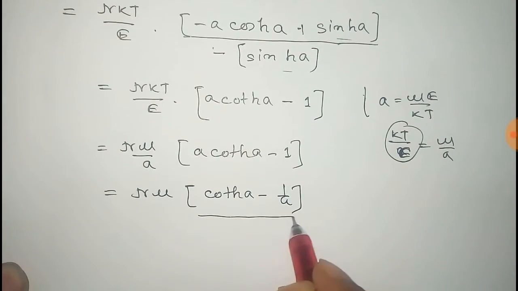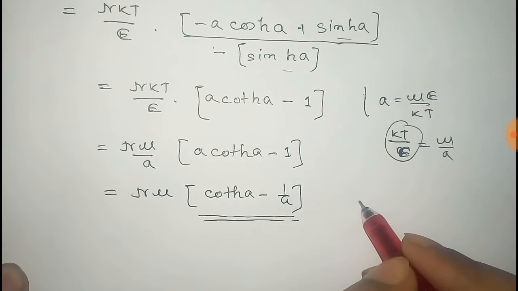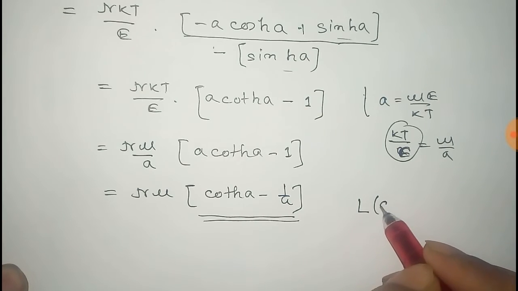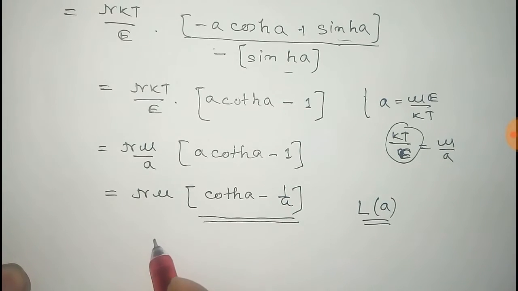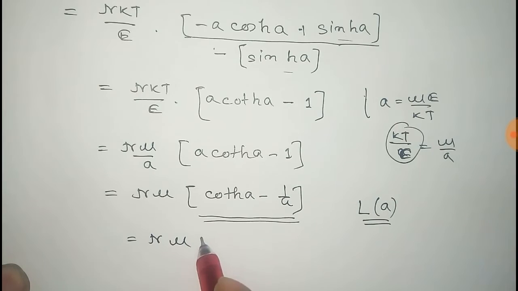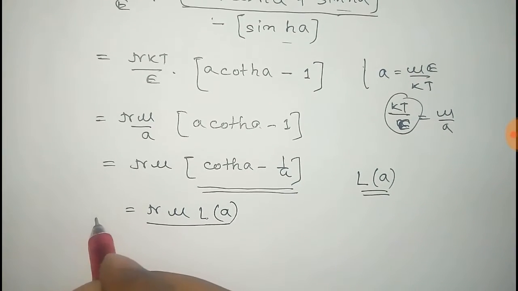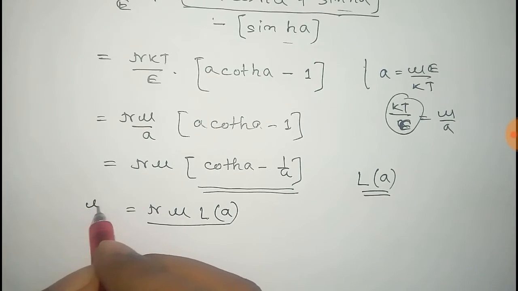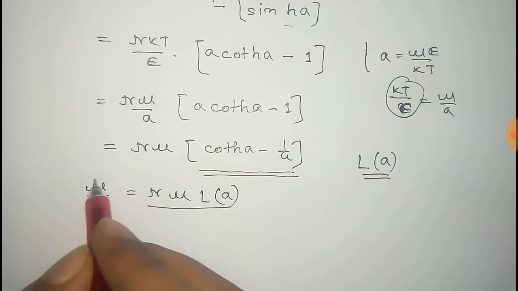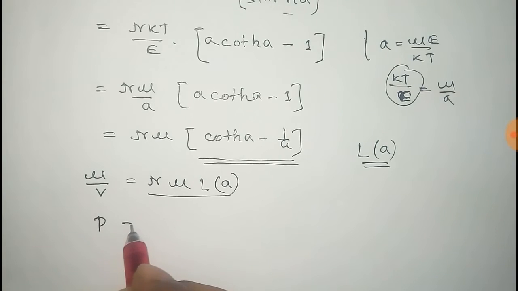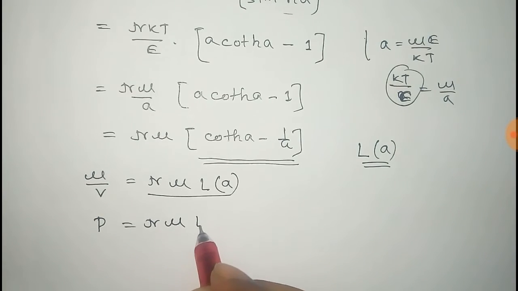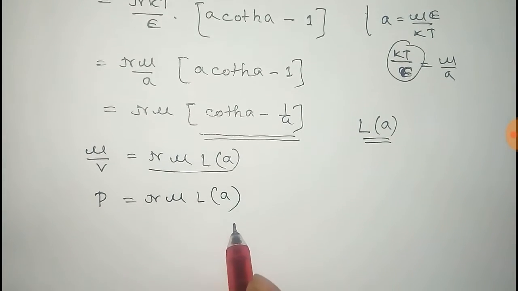Now this term is called the Langevin function and is given by L of a. Now mu by V, that is the dipole moment per unit volume, is called the polarization, so that is P. So P equals n mu L(a).